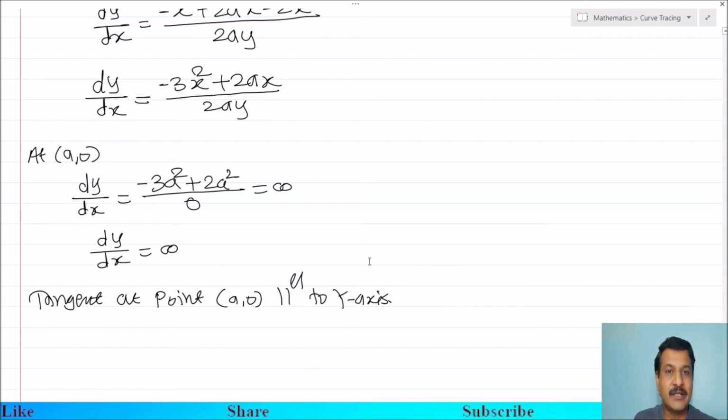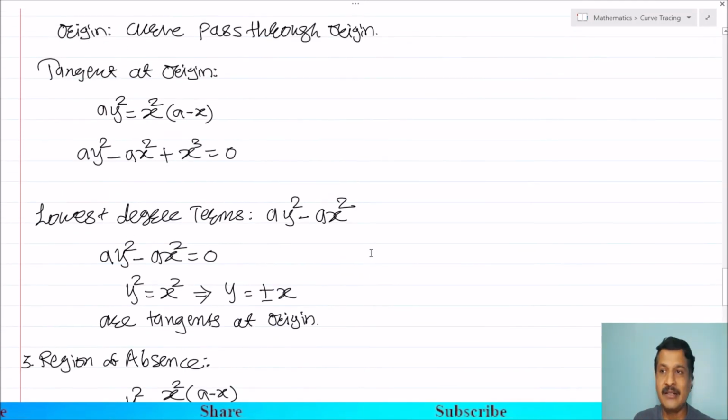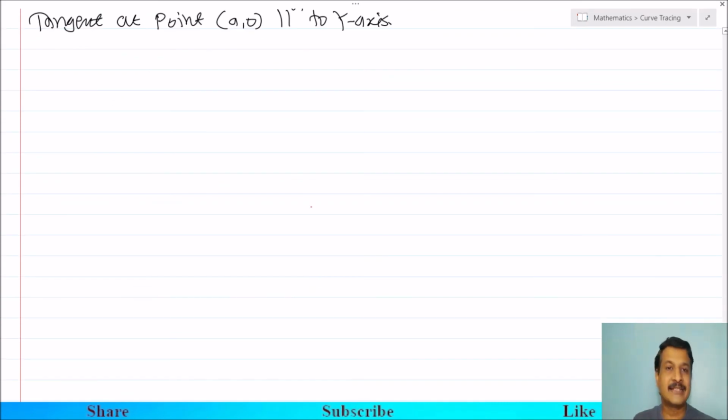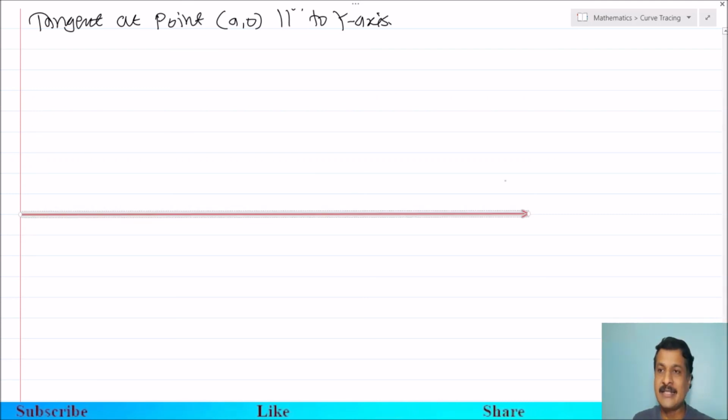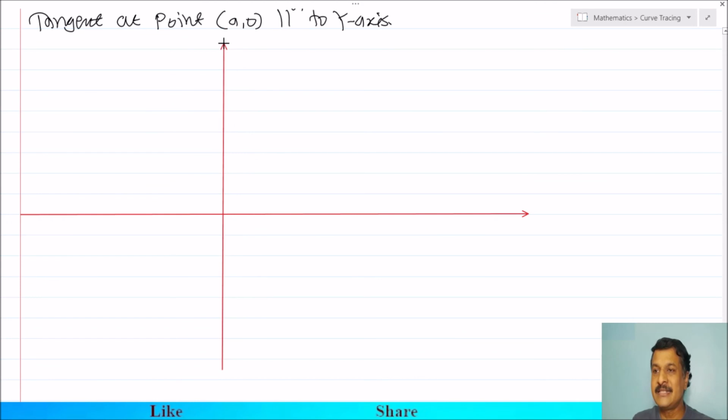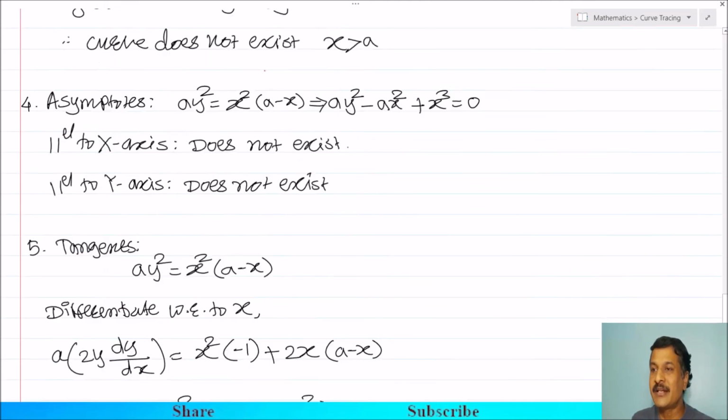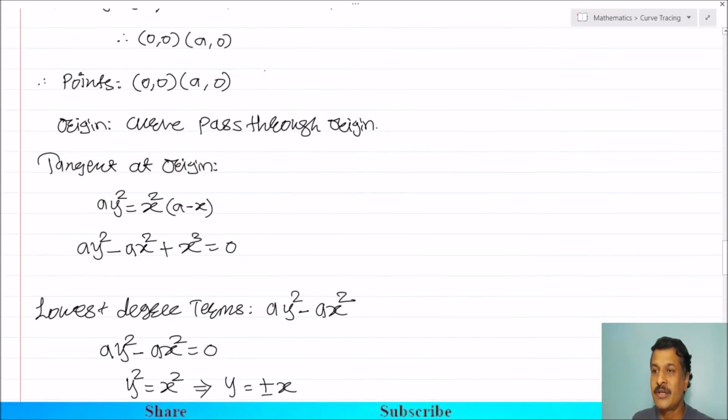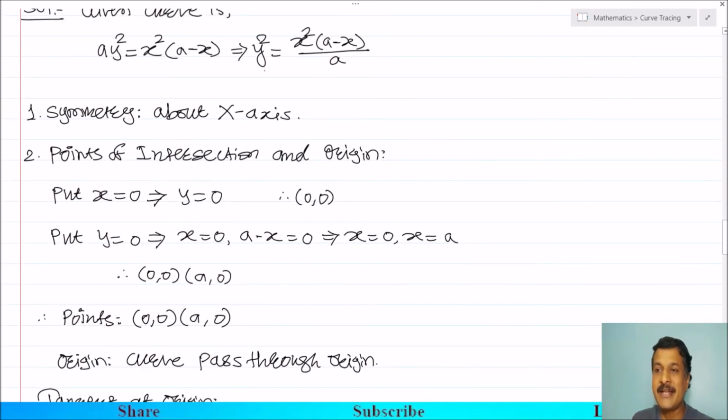Now the actual curve. So the theory part is finished here. So consider the x-axis, the y-axis, and any point or line which we get from these points. This is the x-axis, this is the y-axis, and one point. So where the curve does not exist, you consider here, that is the symmetry about the x-axis.